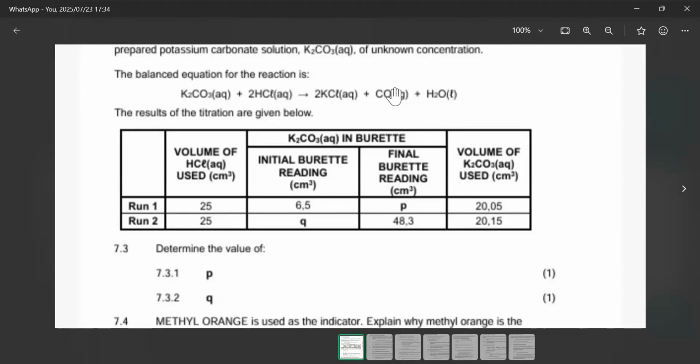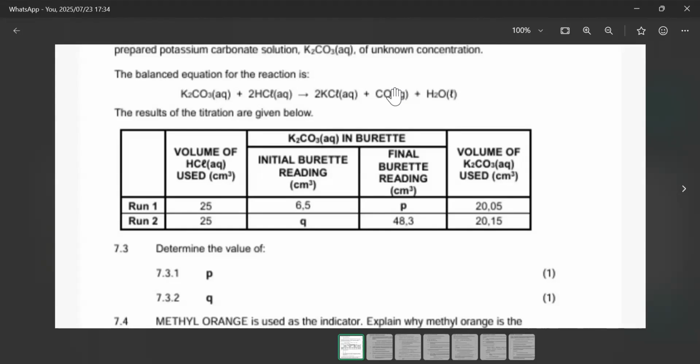But I want you to see what is happening here. They say initially in the burette, we had 6.5 cubic centimeters. Now we want you to tell us how much will be there when the reaction has stopped?